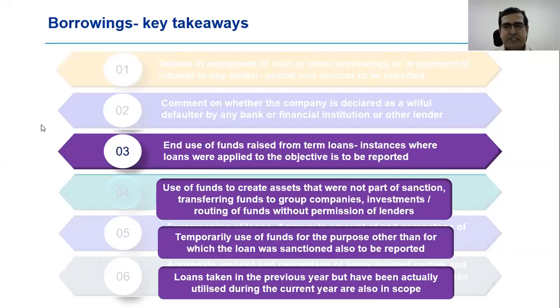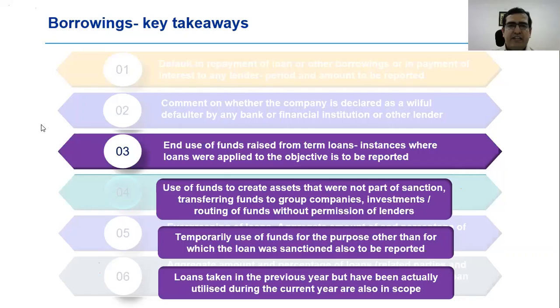If the utilization of short-term working capital funds is not in accordance with the sanction, but is put to use to acquire long-term assets, then that is an item where the reporting could get triggered. So typically, if you have raised any short-term money and deployed it for a long-term purpose, it will mean that the end use objective is not met. Or you use it for a purpose for which it was not raised.